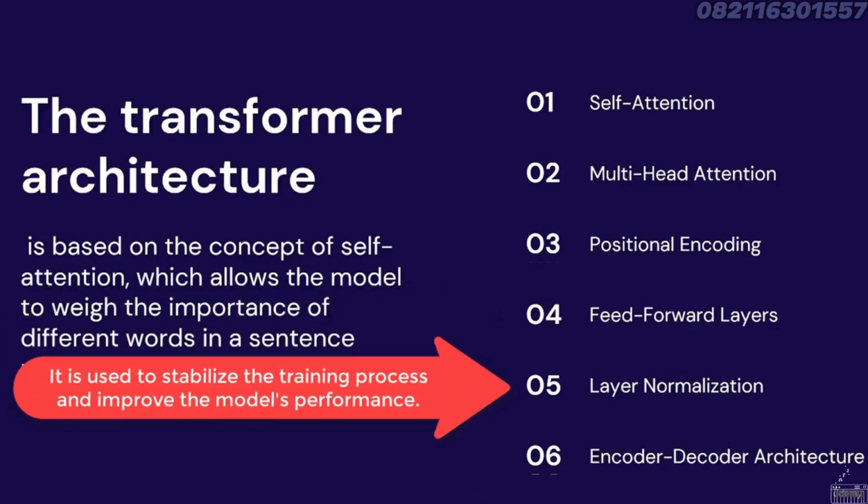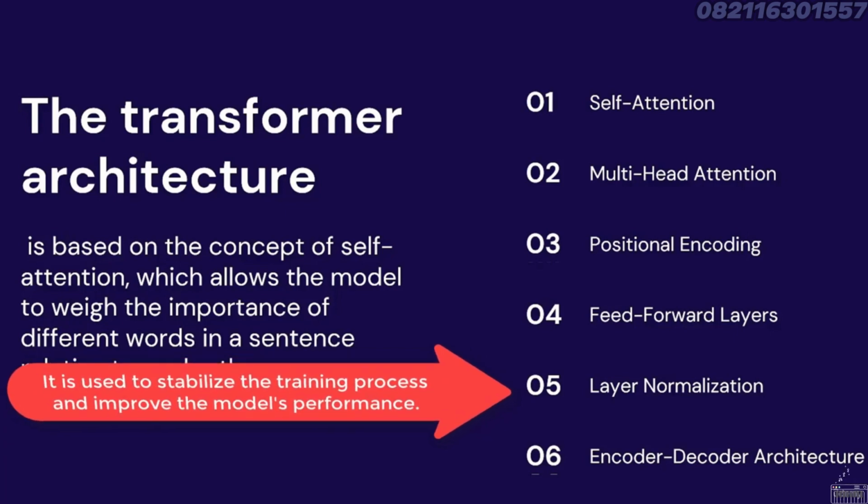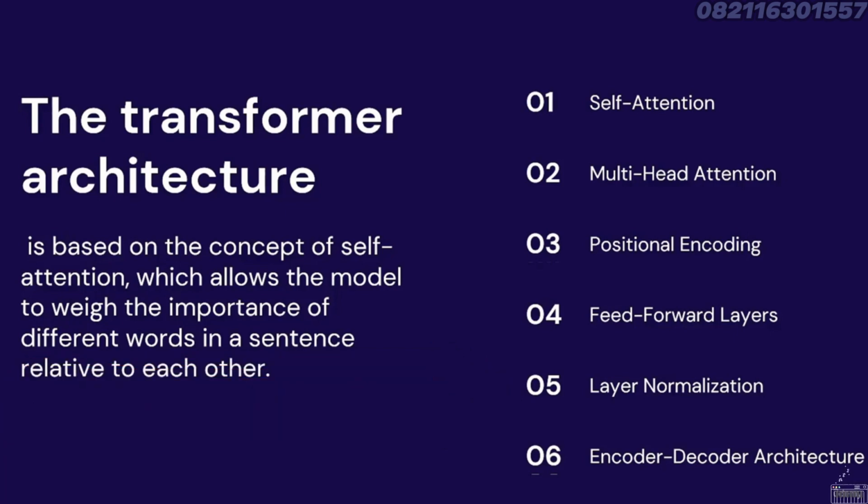Finally, we have layer normalization, which is used to stabilize the training process and improve the model's performance by normalizing the inputs of each layer. And the encoder-decoder architecture, where finally the transformer is built using an encoder-decoder structure.